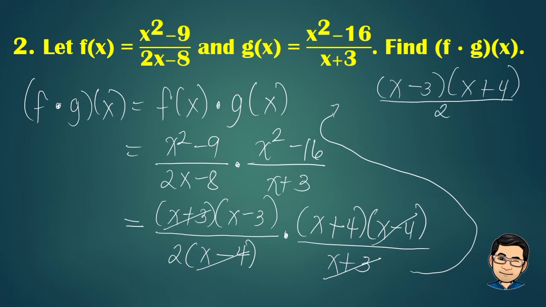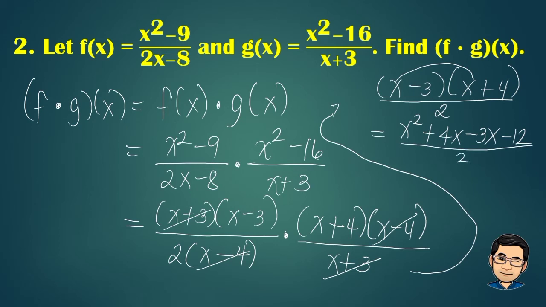Using FOIL method, x times x is x squared, negative 3 times x, negative 3x, x times 4, that is 4x. So, negative 3 times 4, that is negative 12, all over 2.